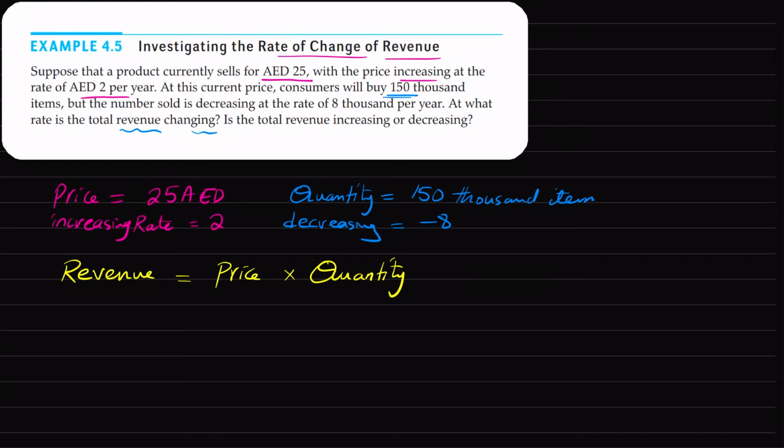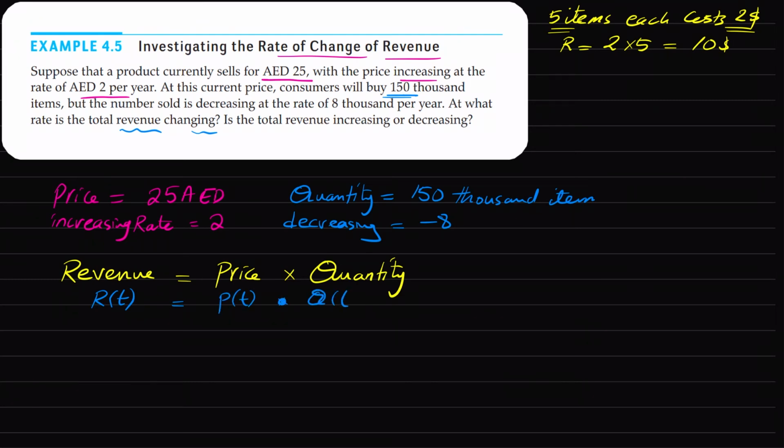If we bought 5 items, each costs $2, so the revenue is $2 times 5. So I got $10: the cost multiplied by the number of items. Revenue is the function R of t is P of t multiplied by Q of t.